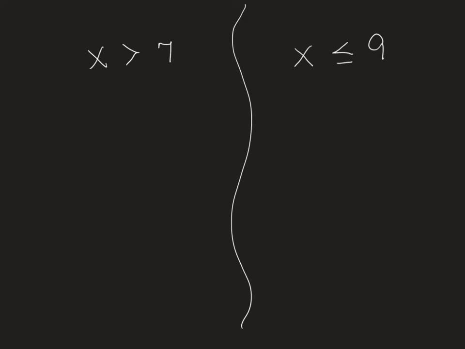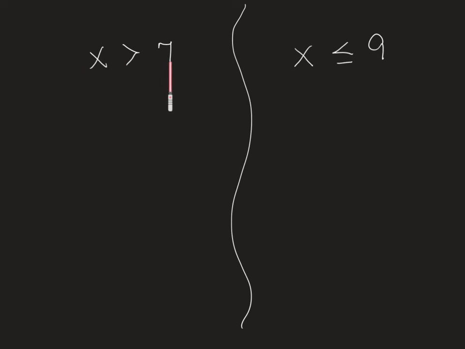When we look at something that looks like this, we don't know what our least amount is or what our greatest amount is. It's not written both there. Oops, let's get an eraser. So we have to decide, what does this say? This tells me that x is greater than 7.